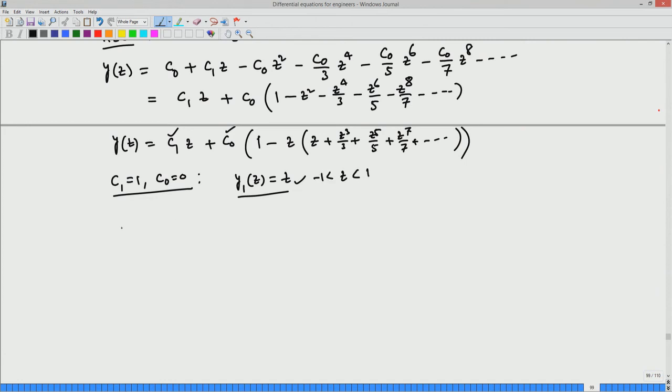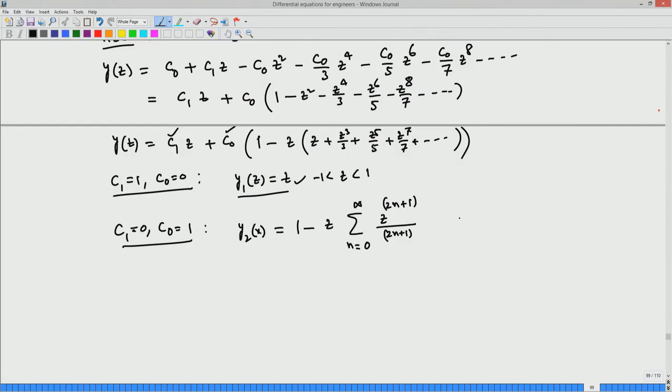So what is your y2? If you choose C1 is 0 and C0 equal to 1, then you get your second linearly independent solution, that is 1 minus z times this power series. This power series is the sum for n from 0 to infinity of z power 2n plus 1 divided by 2n plus 1.